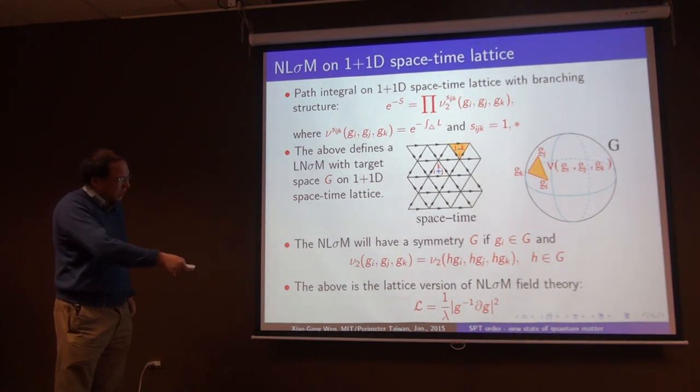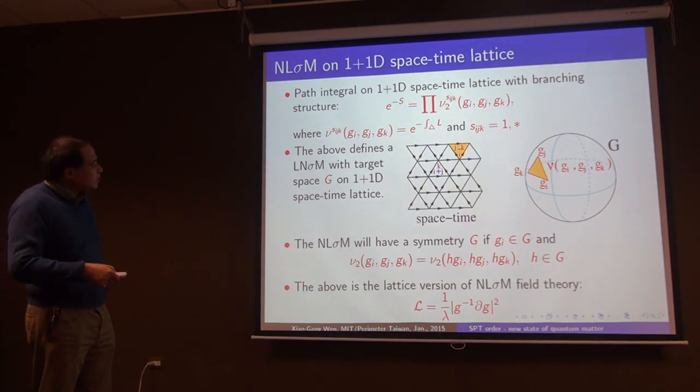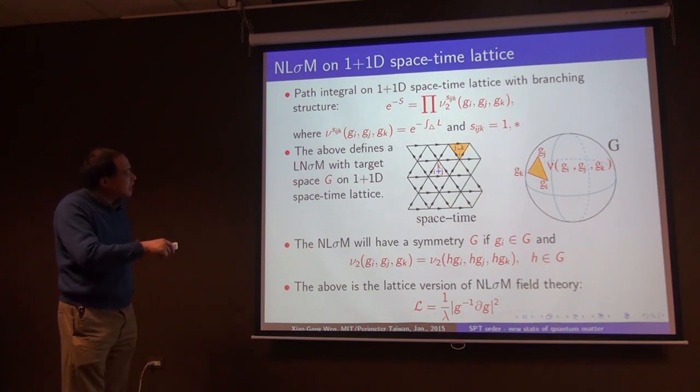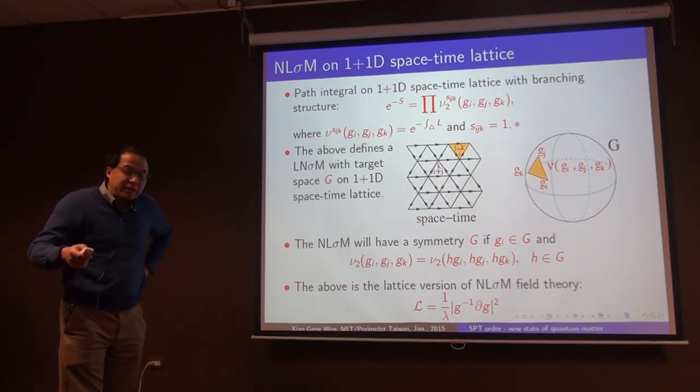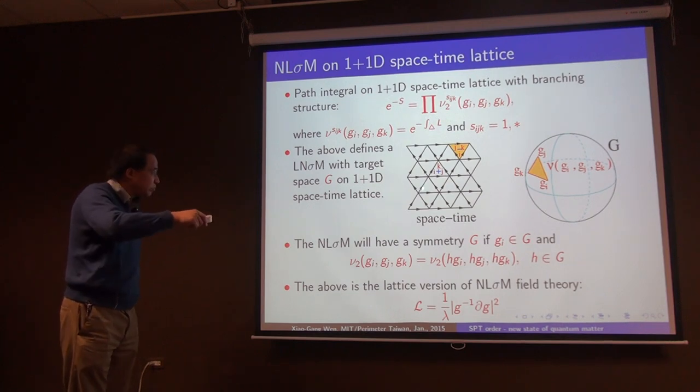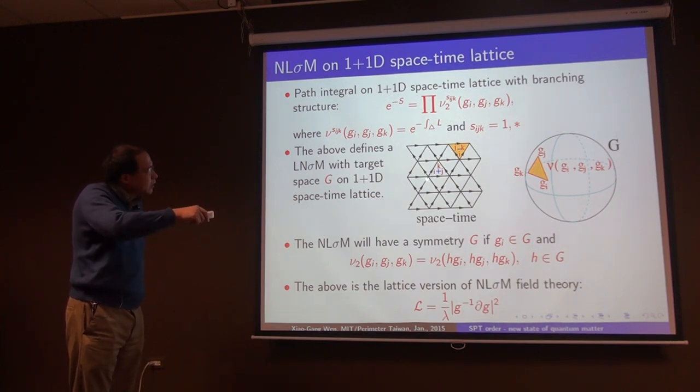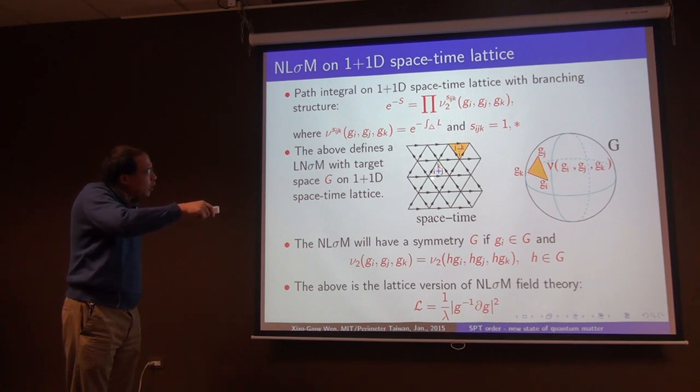It's like choosing different Lagrangians. And in this case, the index of the tensor happens to be a group element, which lives on the vertex. So on every vertex we have a group element. Then for each triangle we have the tensor which depends on these three group elements on these three vertices.